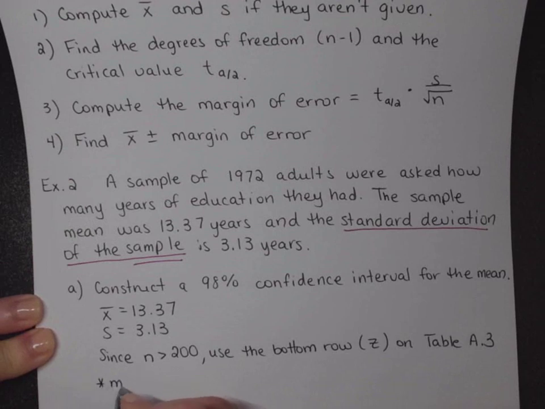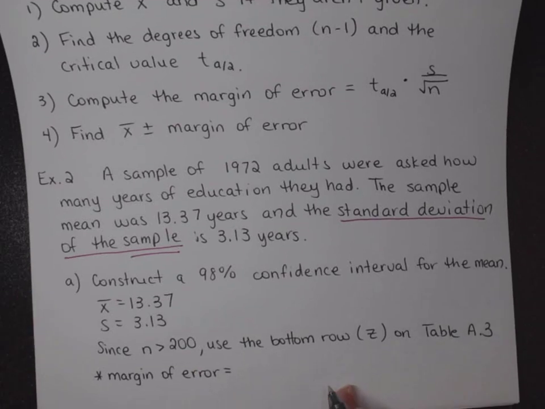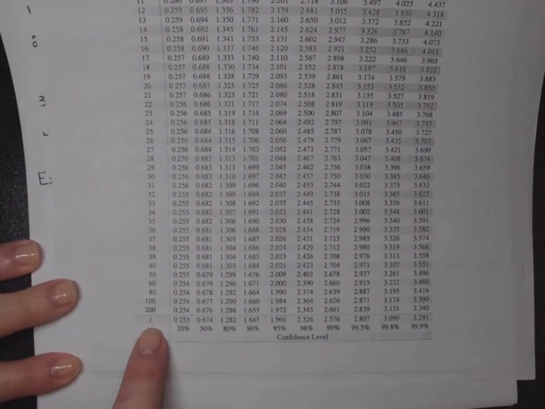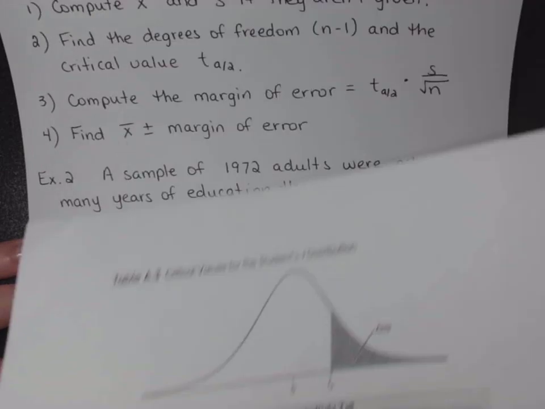Okay, so let's find the margin of error. The margin of error is going to be what we find on the table. Again, if you need to pause it and get out your chart. So we're here, and we want to be 98% confident, which means we're at 2.326.